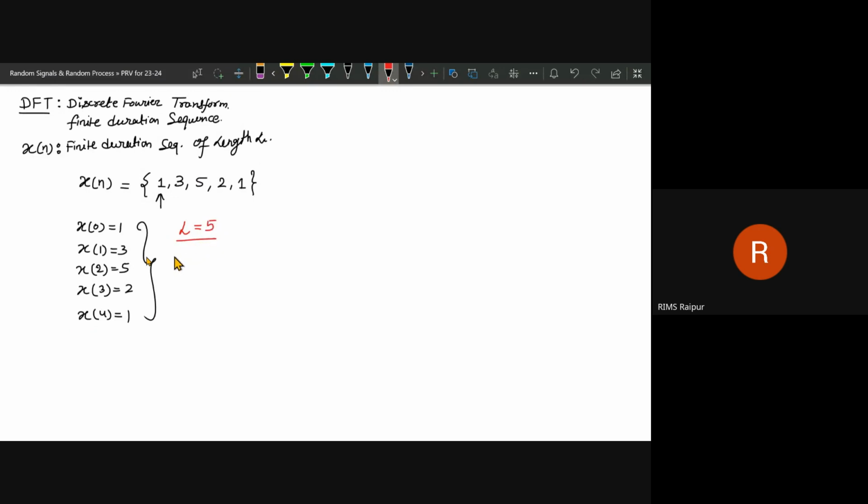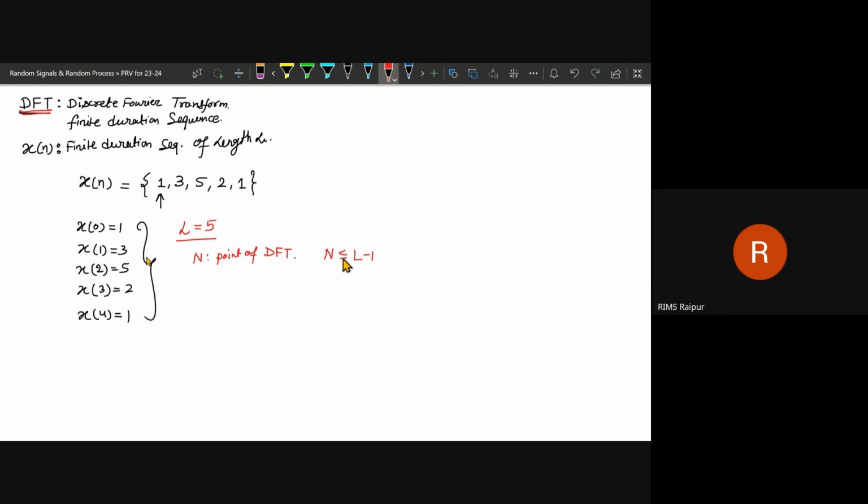Correct? Now, in order to find the DFT of these signals, first we have to define the points of DFT. The points of DFT is represented by capital N, and the value of N will always be less than or equal to L minus 1.